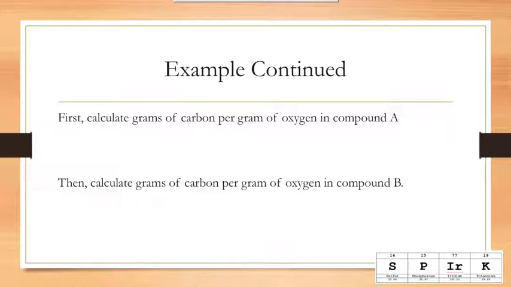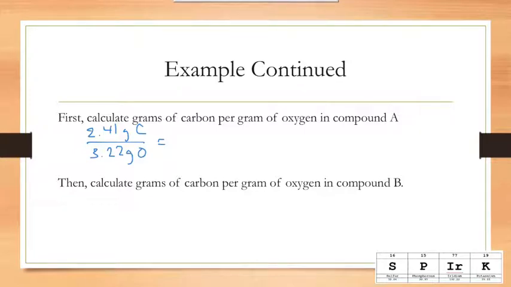So our next step is to use our known amounts of carbon because we want to calculate the grams of carbon per 1 gram of oxygen in compound A. So to do that, we just are going to be using ratios. So we're going to say that 2.41 grams of carbon for 3.22 grams of oxygen, which is just from our knowns.